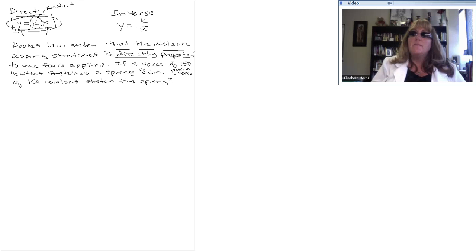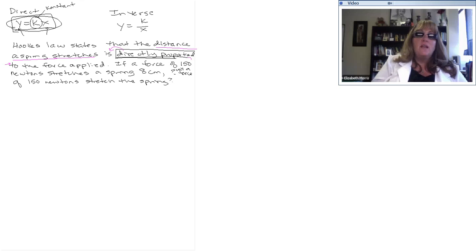All right, now, very important that we look at the fact that the word is directly proportional. Now, we are going to use the y equals kx model, but I want you to see what comes before the word directly proportional and what comes after. It says Hooke's Law states that the distance a spring stretches. So the distance a spring stretches.